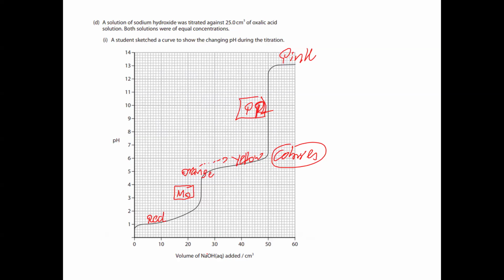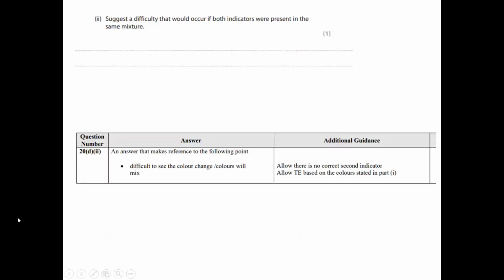You have red here and orange as your final color, but red and yellow mixed together look like orange, and the endpoint is also orange. So since there are many colors, you will get mixed up. That's the problem you will get when you have both indicators in the same container. It is difficult to see the color change because the colors get mixed.